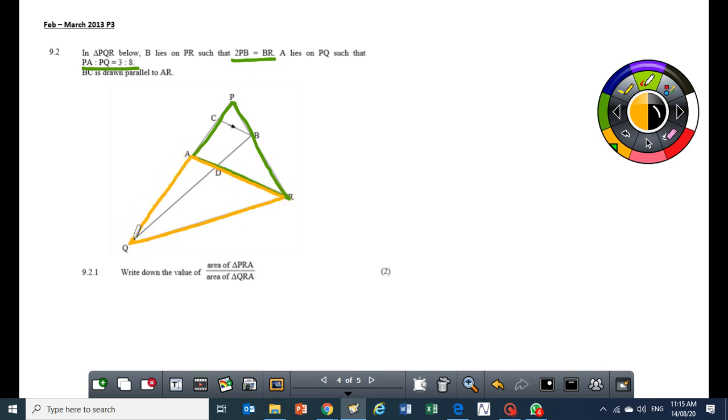Those are our two triangles. I hope that you can all see that the two triangles share a common vertex. And that vertex, we have got that vertex there. They also share a vertex, that one.